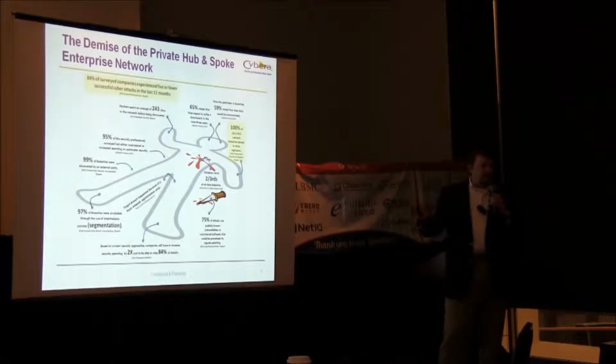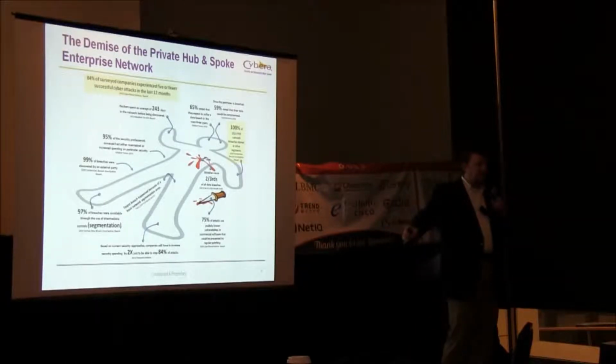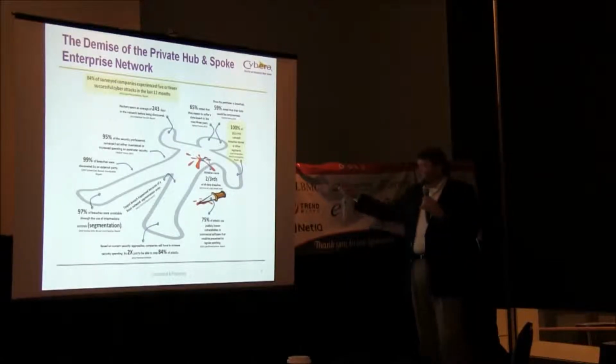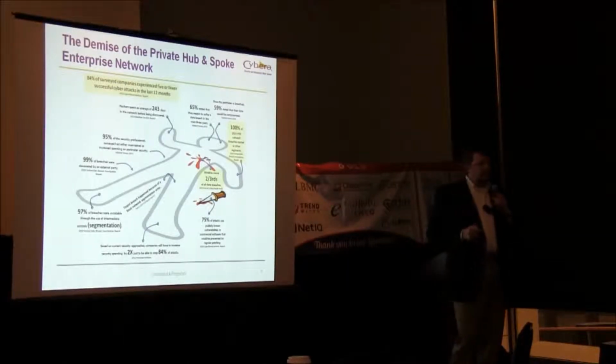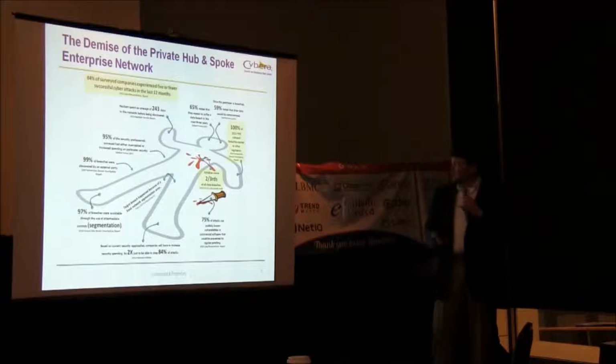Last year, in 2013, 100% of the breaches of POS systems did not start in the payment network. They started somewhere else, and they worked their way into the payment network. And 2/3 of all those breaches were caused by human error, i.e. mistakes. And that's according to the cost of data breach study of 2013.